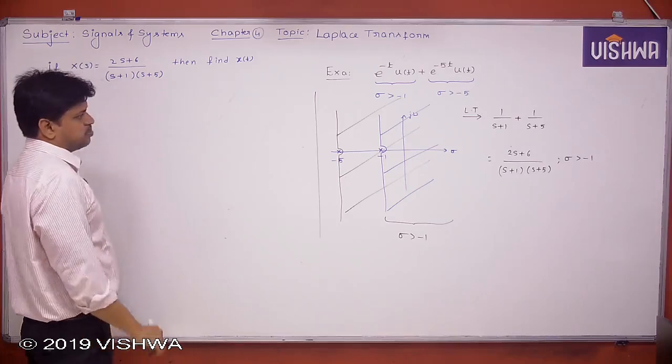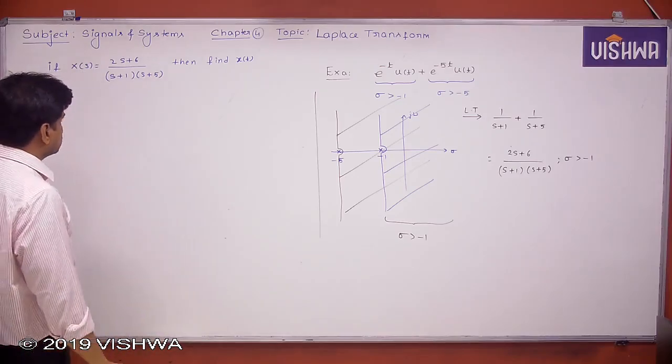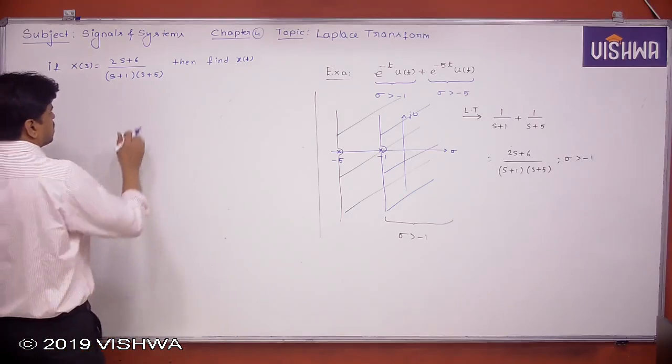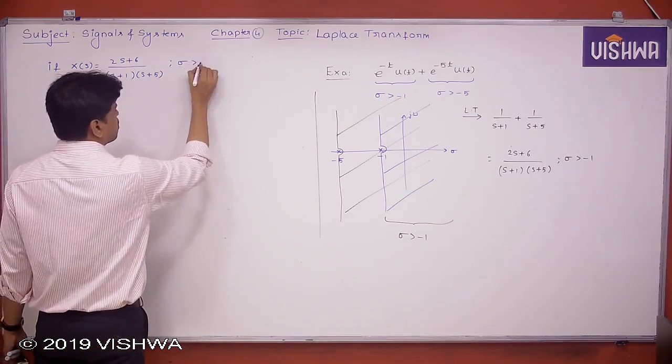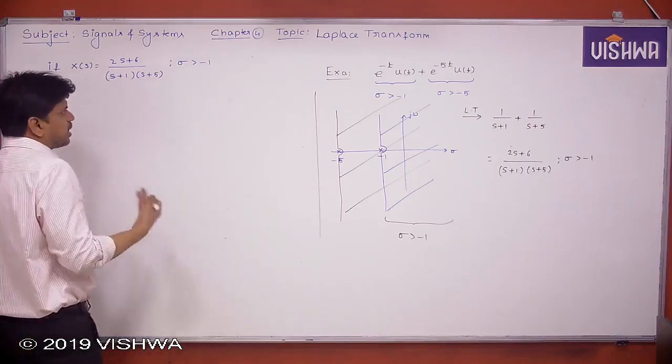We have to calculate X of t. For that they have given the ROC also, sigma greater than -1. So I have to calculate X of t here.